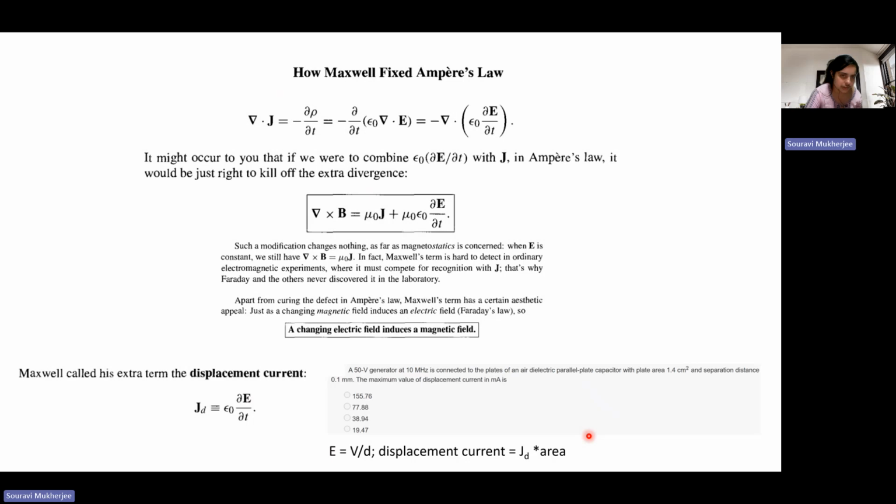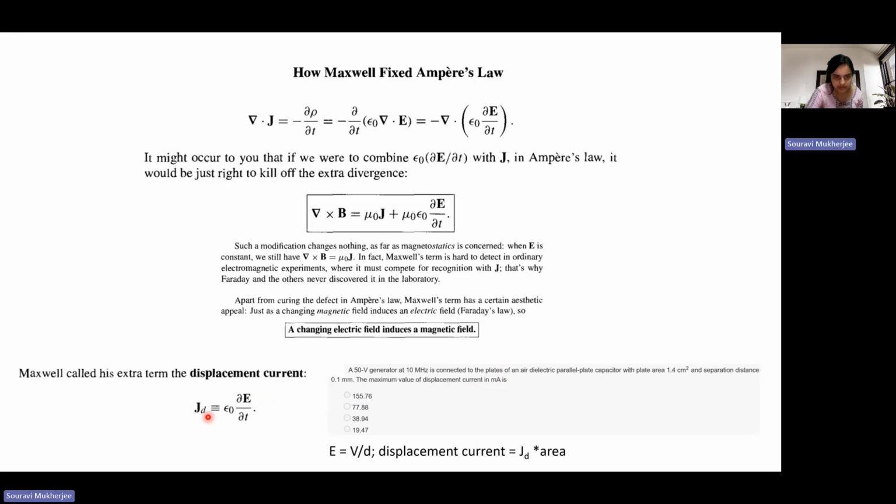This was also a question from last year's assignment, which tells us that you have a 50-volt generator at 10 megahertz. It's connected to the plates of an air dielectric parallel plate capacitor, and the area and the separation distance are given, and you have to find the maximum value of displacement current.